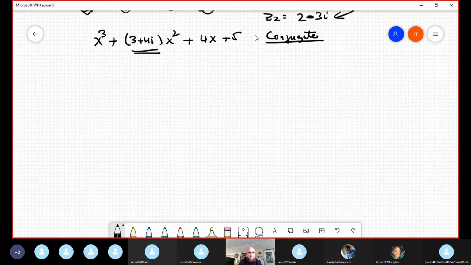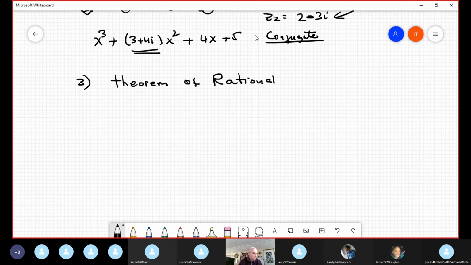Another third topic. Very, very interesting. I like this. It's the theorem of rational zeros. The word rational, remember, rational means fraction or decimal, right?